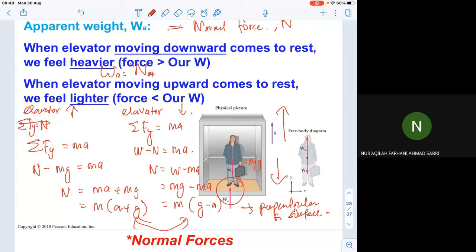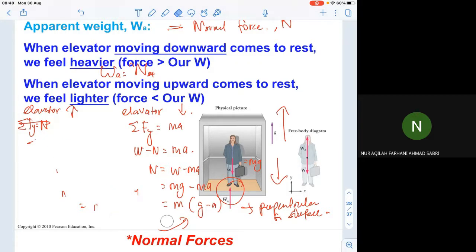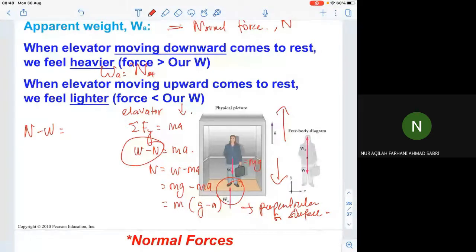For example, let me do an example here. If you want to use, in the second situation, when the elevator is going down, N in front, you can use N minus W. But remember, N minus W means N is going upwards, W is going downwards.